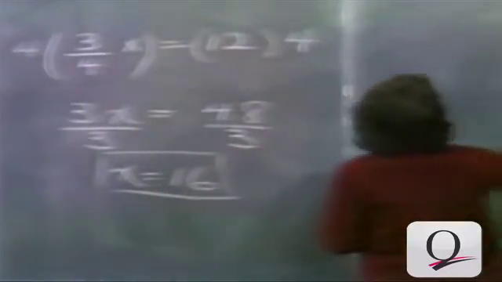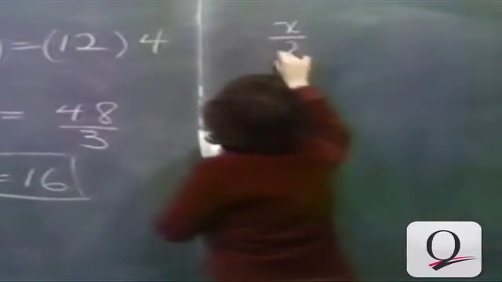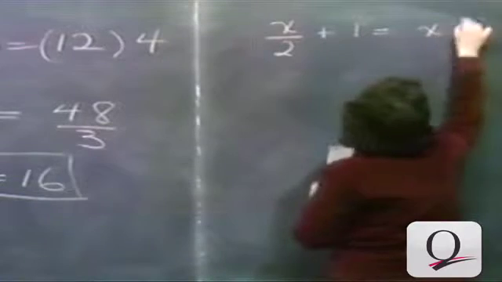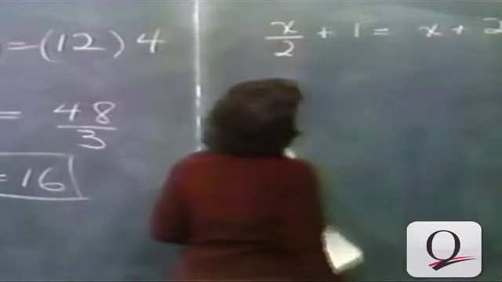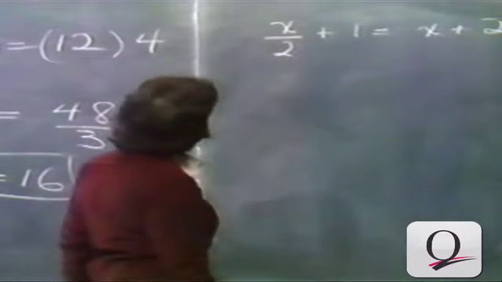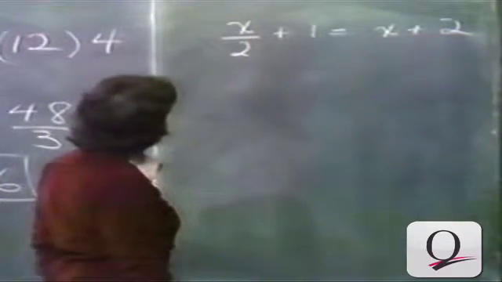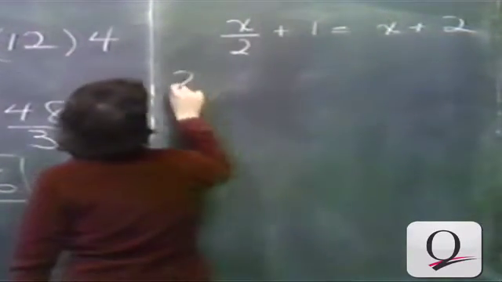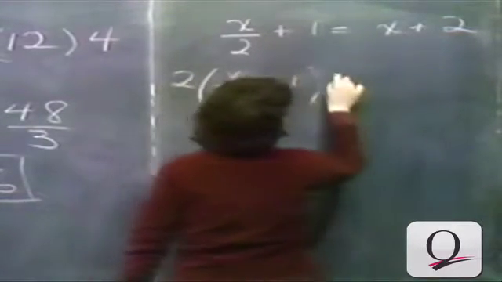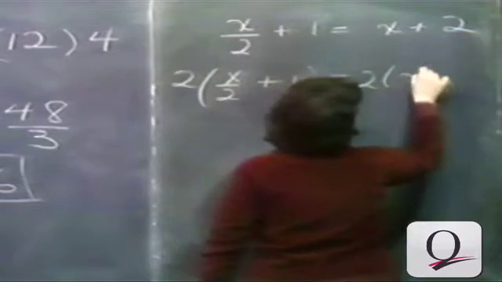Let's try a slightly more complicated example. x over 2 plus 1 equals x plus 2. Here we're going to multiply both sides of the equation by 2. 2 times x over 2 plus 1 is equal to 2 times x plus 2.